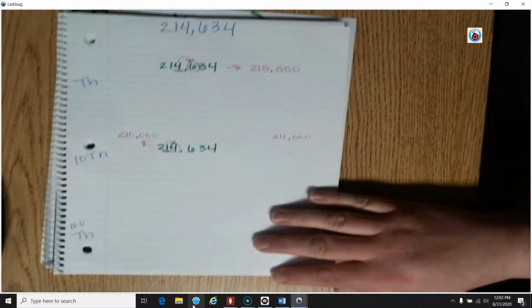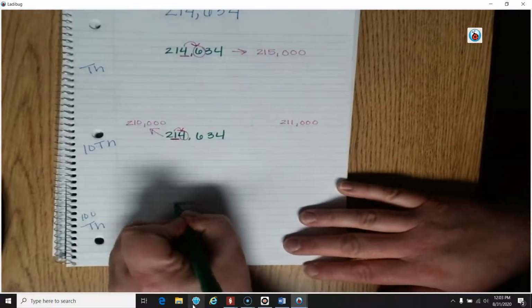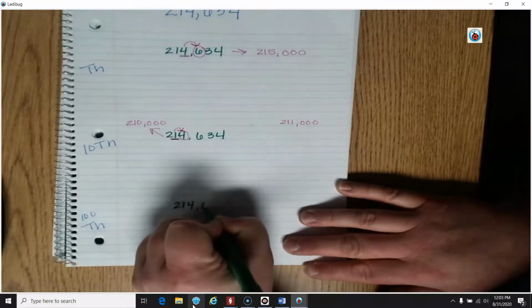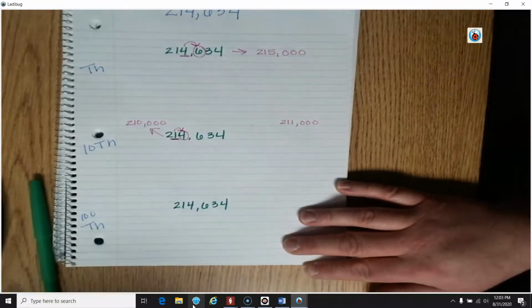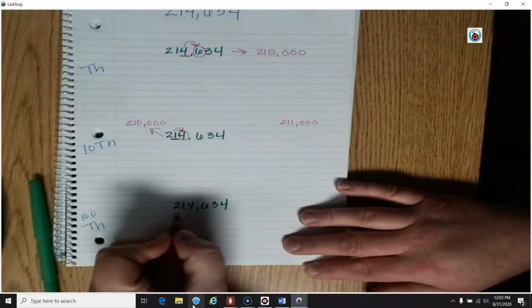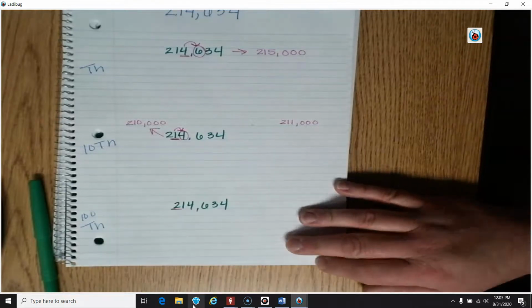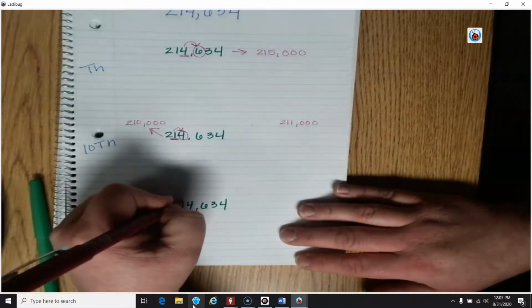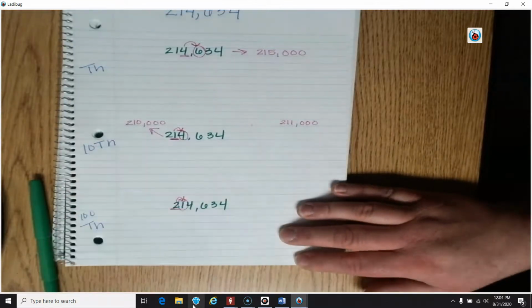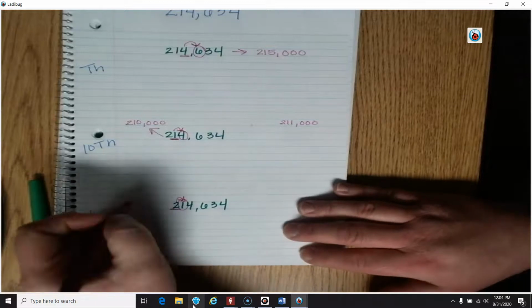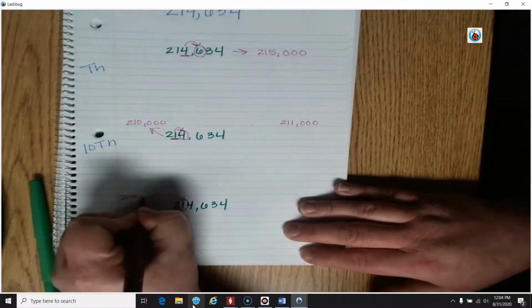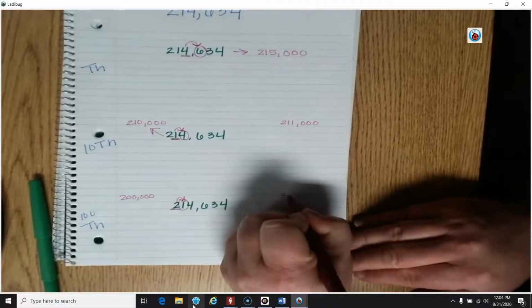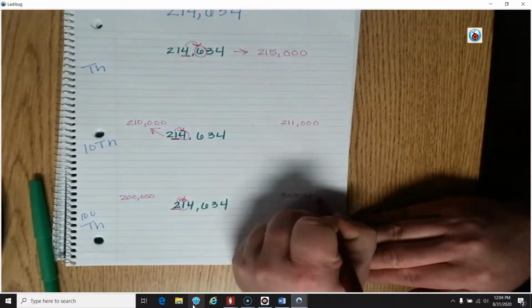All right, one more example for you. 214,634. We're using the same number. We are rounding to the 100,000 this time, so I'm going to underline that place and I'm going to go next door. And I'm going to use this digit to tell me if this number is closer to 200,000 or 300,000.